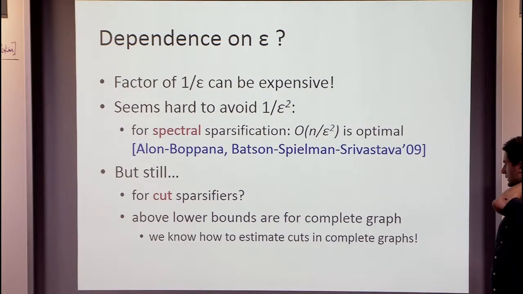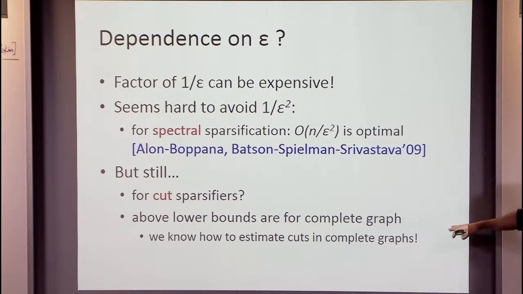And also, algorithmically, and I'll get back to this issue, if you look at the lower bound, as an algorithmist, I'm not particularly satisfied by these lower bounds, because they say that if you have a complete graph and you want to construct a small sparsifier, you cannot beat the n divided by epsilon squared size.